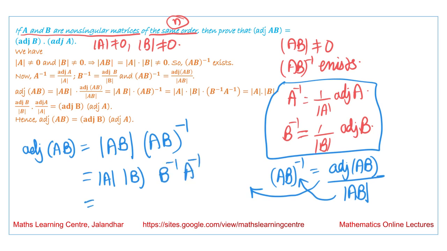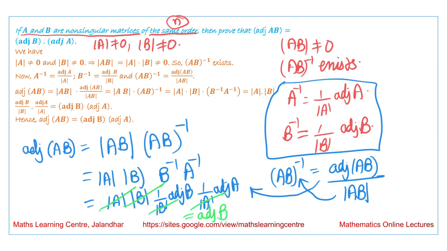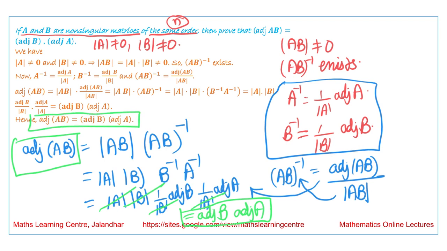So we are writing this is equal to determinant of A into determinant of B, and this value is 1 over determinant of B into adjoint B, 1 over determinant of A into adjoint A, and the answer we get, this determinant of B and determinant of A get cancelled and we are left with adjoint B into adjoint A. So we have proved the result that adjoint of AB is equal to adjoint of B into adjoint of A, and this is what we have to prove.